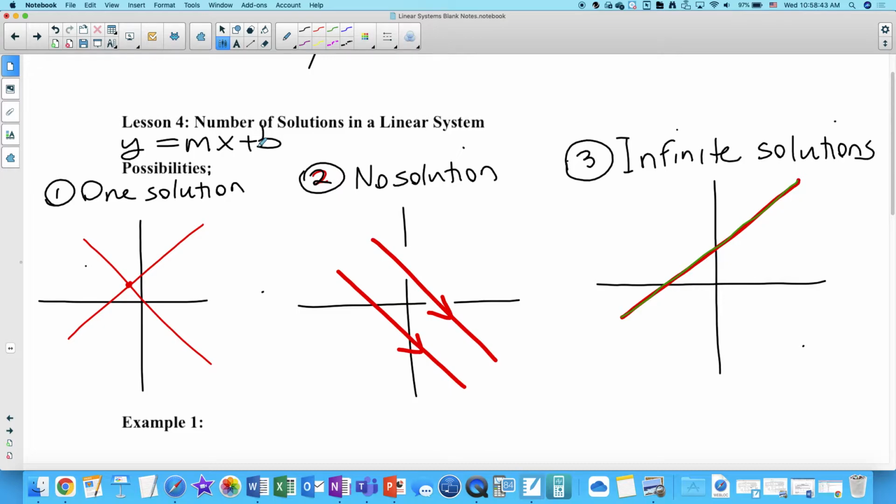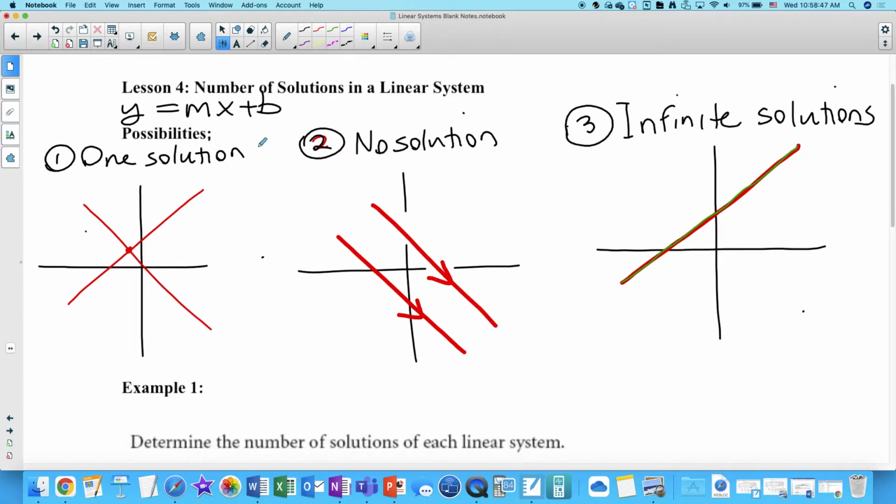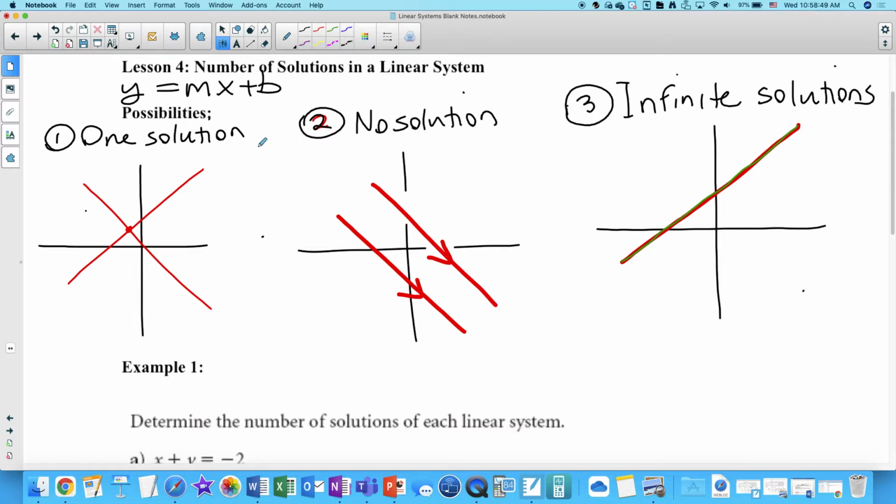Yeah, they would be exactly the same equation in slope-intercept form. You'd have the same slope and the same y-intercept. They would be exactly the same. Okay?